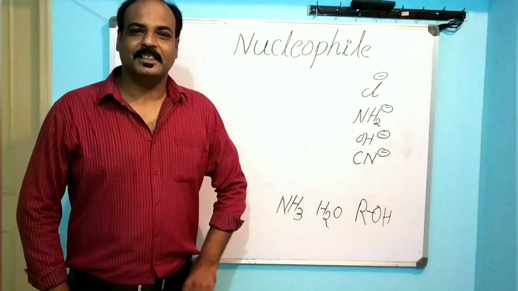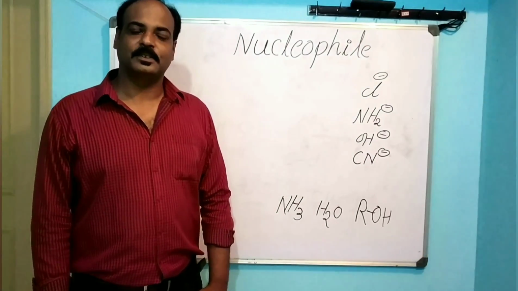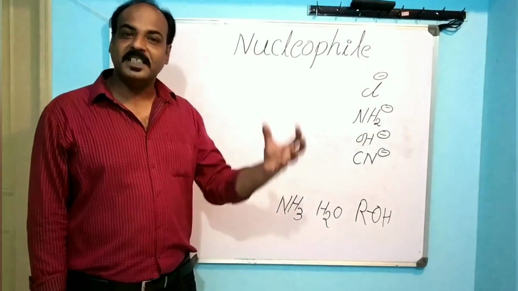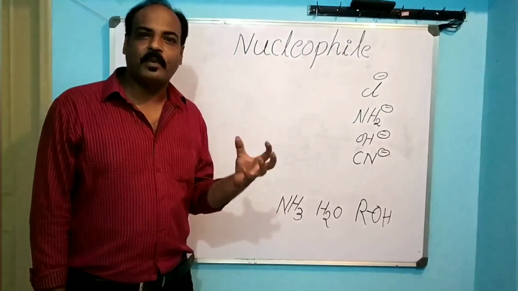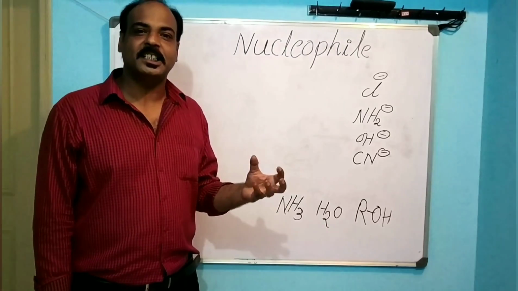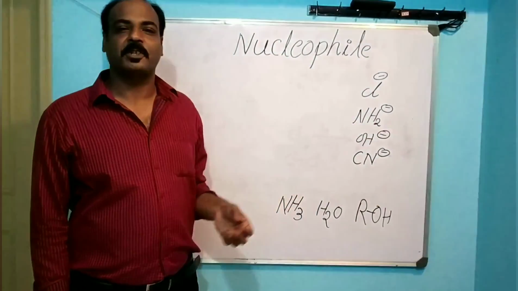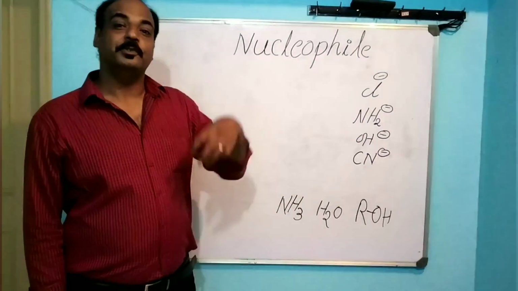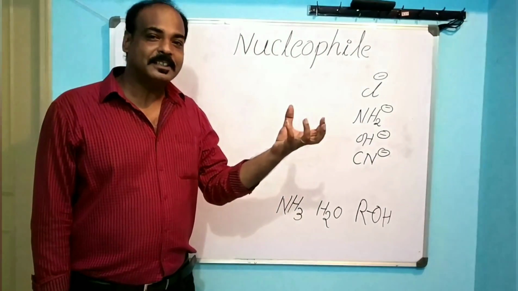Now let us see what a nucleophile is. A nucleophile is a negatively charged species. Nucleophiles are species which like a positive charge, which like the nucleus. Nucleophile means nucleus-liking. And what is the nucleus?